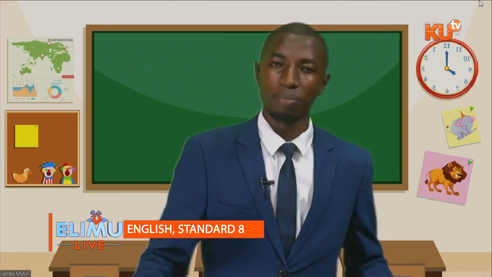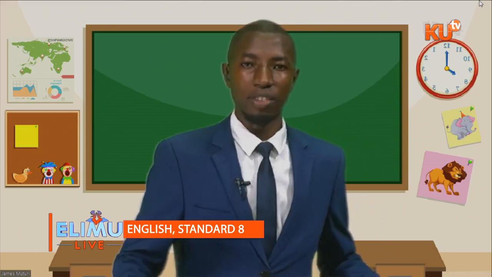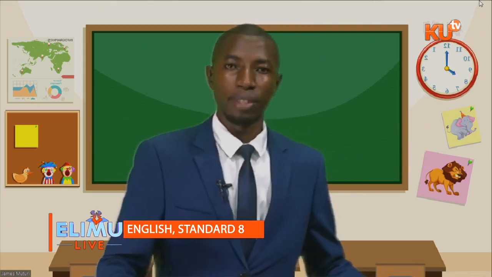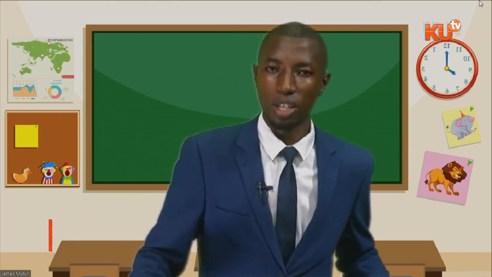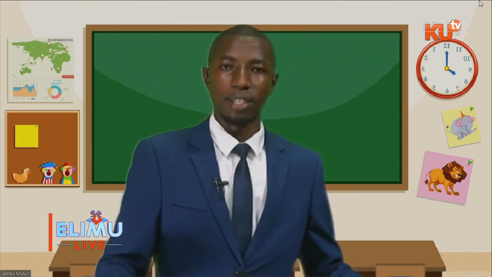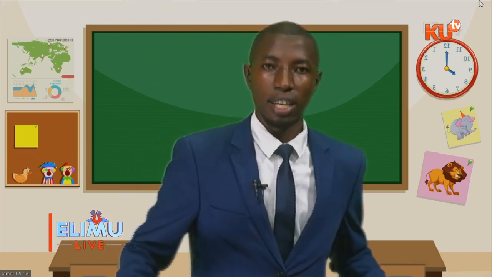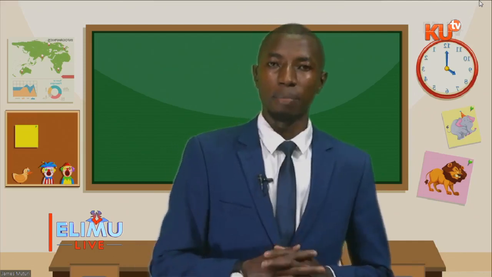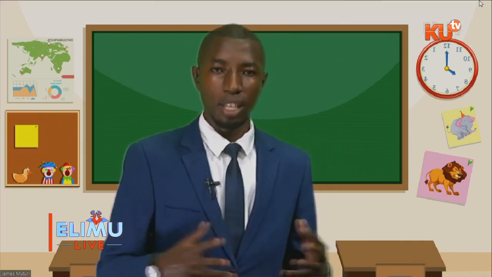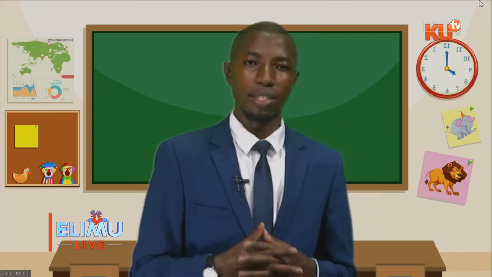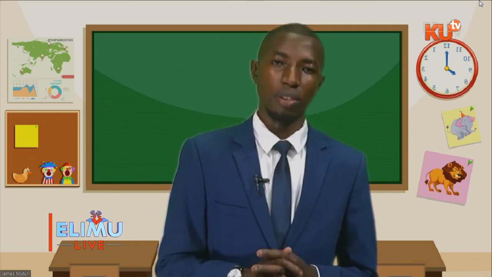So this morning, I have prepared a very interesting topic from the KCPE English paper, the first section of the paper. In the English paper in KCPE, we usually have sections, and the first one is usually the Cloze Test, from question 1 to question 15.